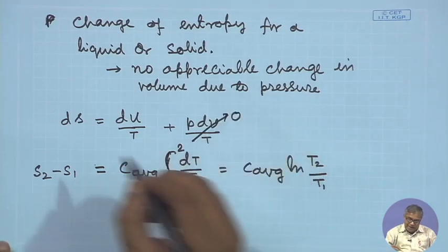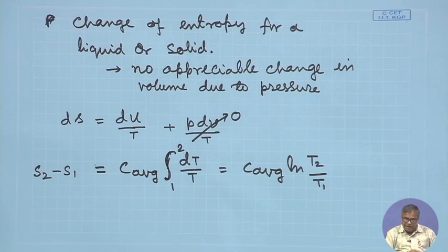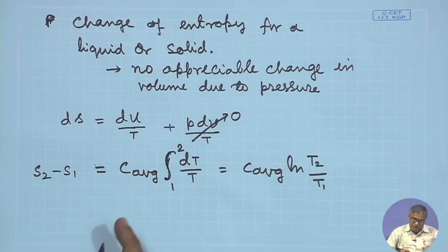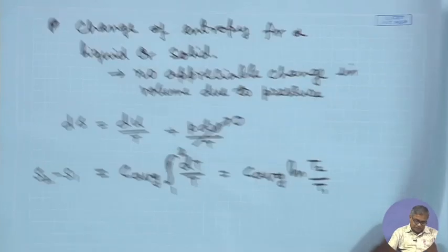And then this internal energy we can write as U equal to C into T. For liquid and solid, there is a specific heat multiplied by temperature, and in general the specific heat will be a function of temperature, but if we take some average value for the process from 1 to 2, that can be taken out of the integration sign. So, we will get this equation.